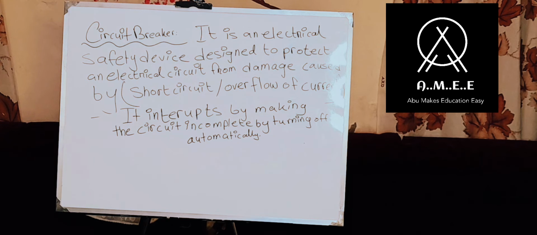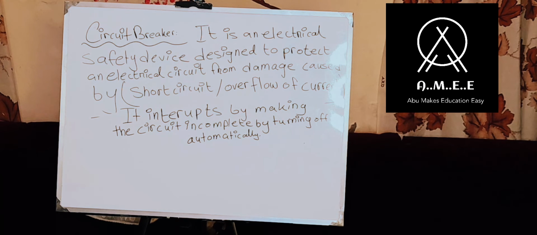It interrupts by making the circuit incomplete by turning off automatically. As I just explained, by turning off automatically it makes the circuit incomplete, which in turn ensures that there is going to be no flow of electricity.